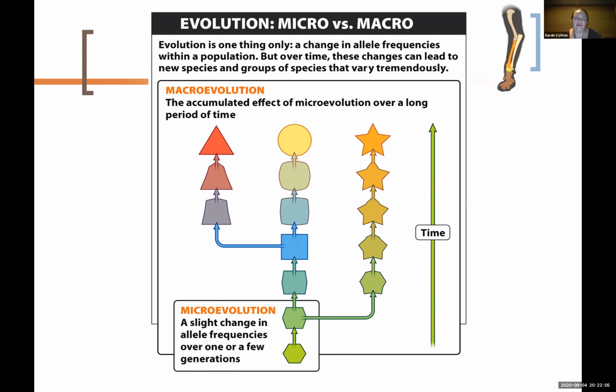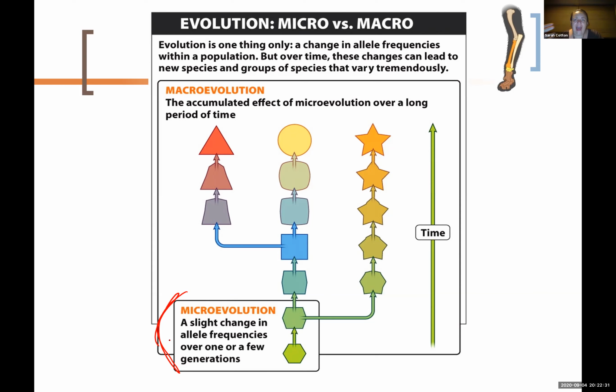So this little diagram gives you that idea. It's saying, all right, microevolution is when you have a change in allele frequencies over a couple of generations within a population. Remember that a population is a bunch of individual organisms within the same species that interact with each other. And when we're talking about allele frequencies, remember we're talking about genes essentially.